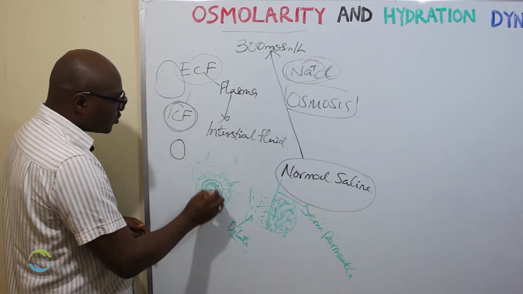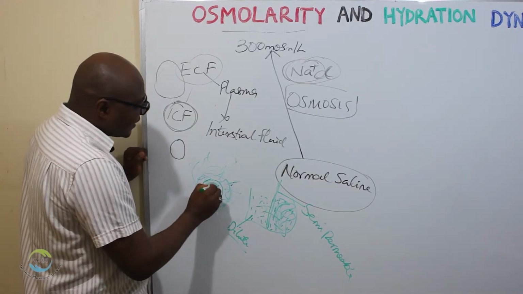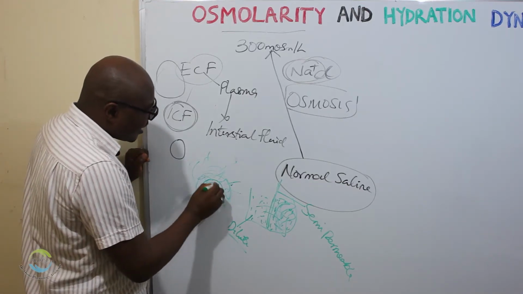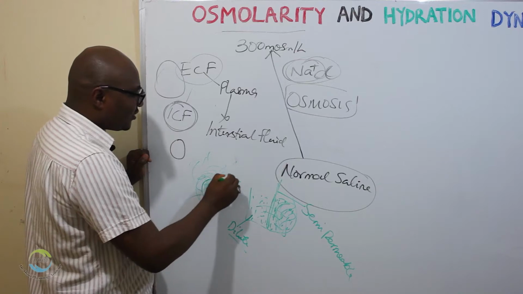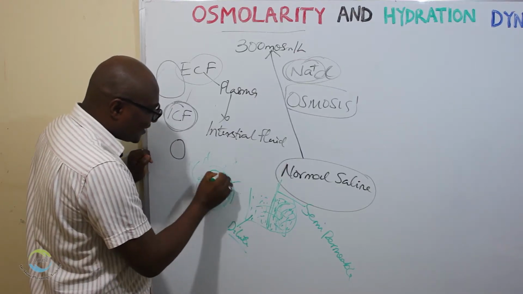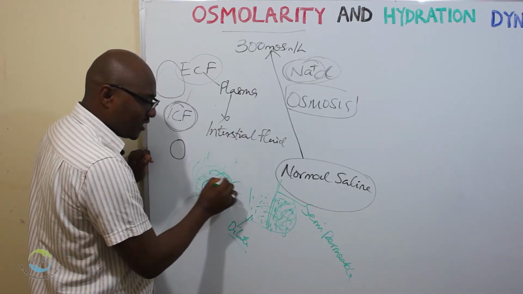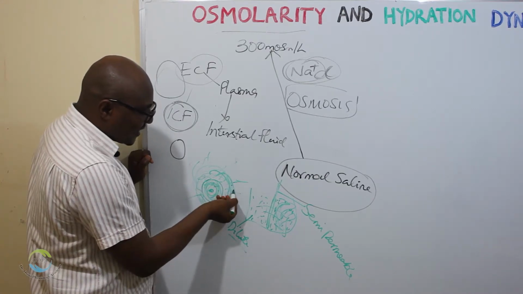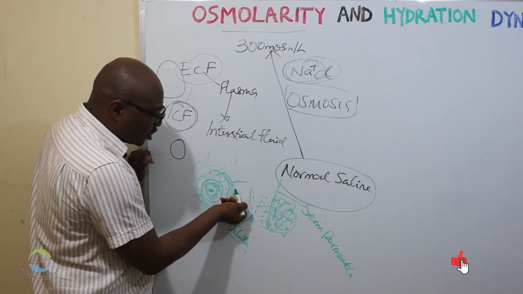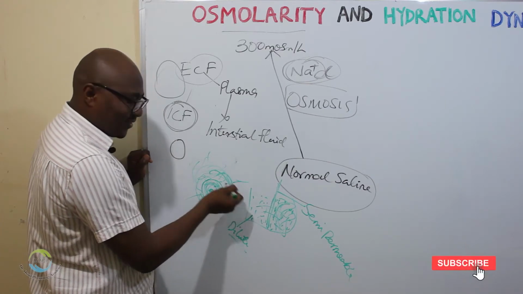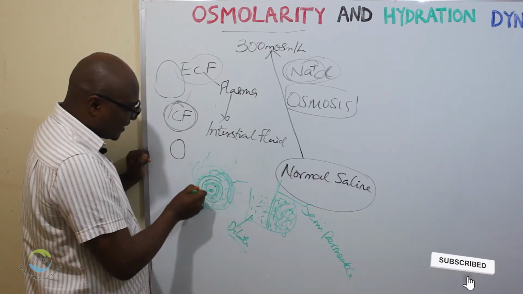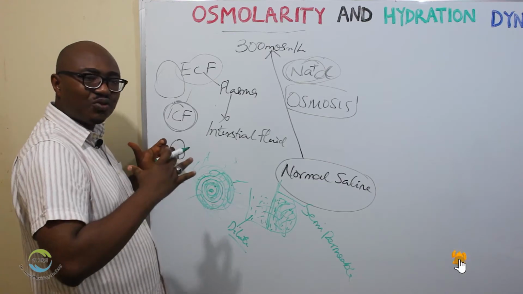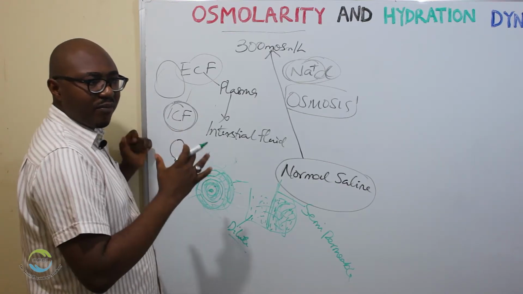So that's what happens here. If the intracellular fluid is more concentrated than the interstitial fluid surrounding it, which is part of the extracellular fluid, what do you think will happen? Here is less content. That means water will shift from here to here, and this will make the cell swell. When this cell swells, there is a problem.